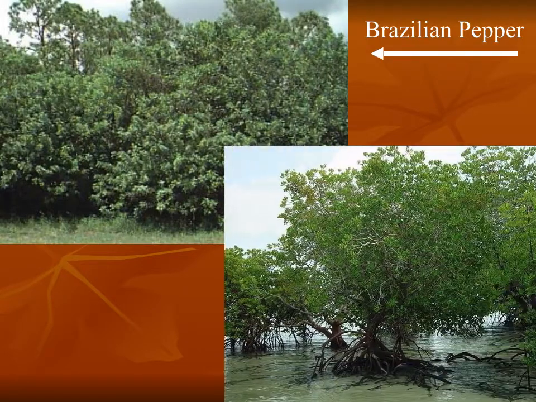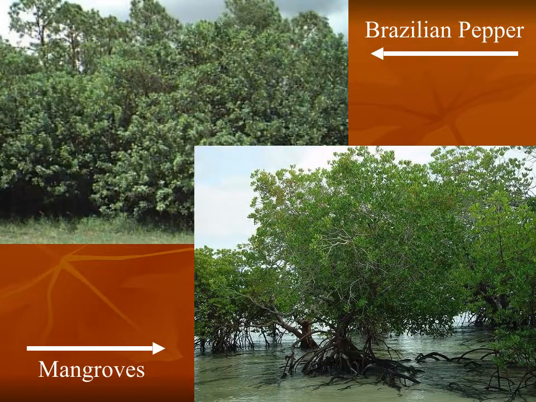Here's Brazilian pepper. You can see it's a thick monoculture, and it loves the area where mangroves also grow, in that brackish or even salty water along the Gulf. Unfortunately, Brazilian pepper doesn't have the structure of mangroves that is great for young fish and other aquatic wildlife to hide, breed, and live their life cycle.